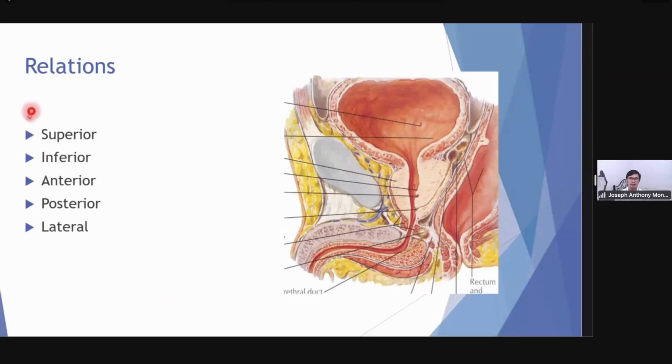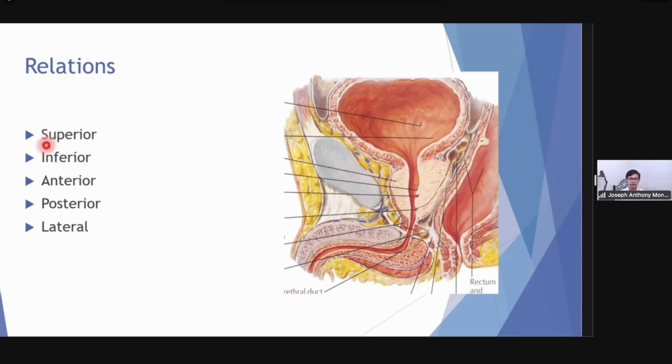Okay, so we're not just going to correlate it or just divide the lobes into five. We also want to correlate the prostate itself with what structures you could find superior to it, inferior to it, anterior, posterior, and lateral, no? So, ganun naman din siya.